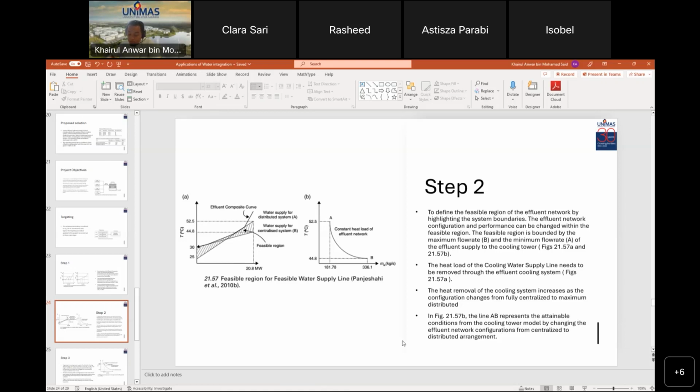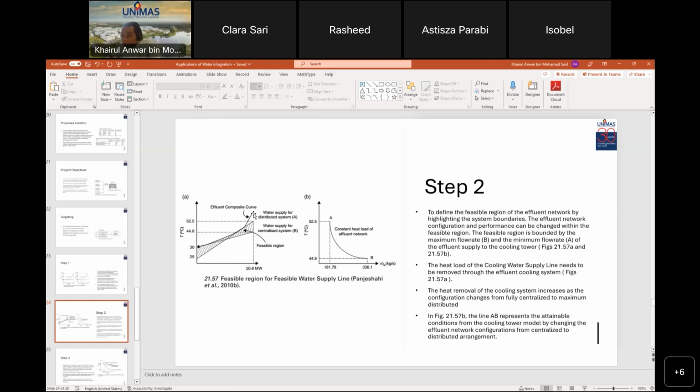Though the cooling water supply line has the same heat load from the withdrawal of the effluent network, the heat removal of the cooling system is changed as inlet connections to the cooling tower are changed. The heat removal of the cooling system increases.